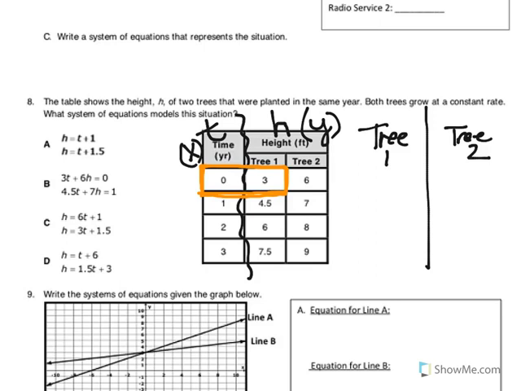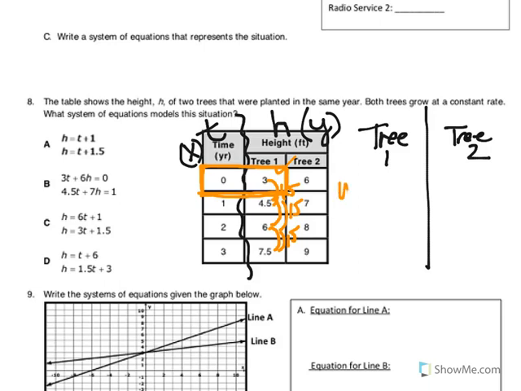And then what's the change or the rate by which the tree is growing from year to year? Well, it's growing 1.5 feet. Check it here, 1.5. So here's the initial height, here's the rate.